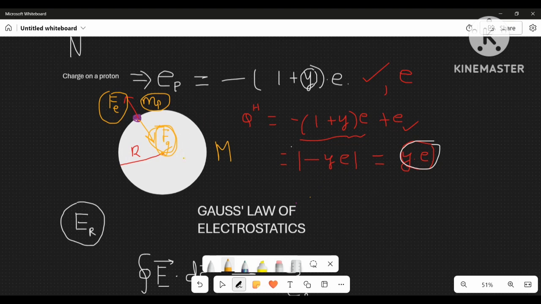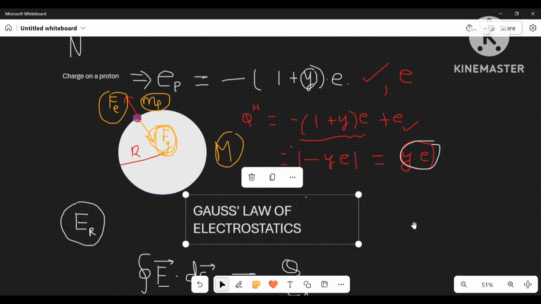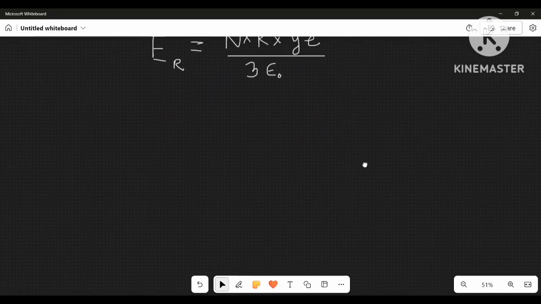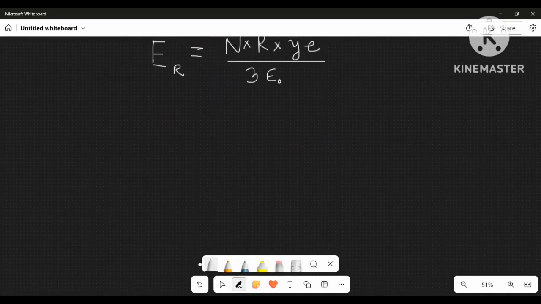Now, in doing so, let us first find out what is the total mass of the universe. And it is very easy to do so, given we already found how to find out the total charge of the universe. So to find the total mass of the universe, let us denote the total mass of the universe as m.